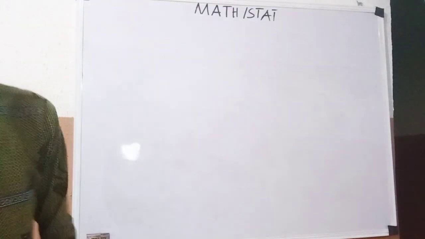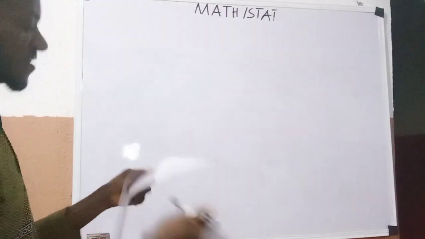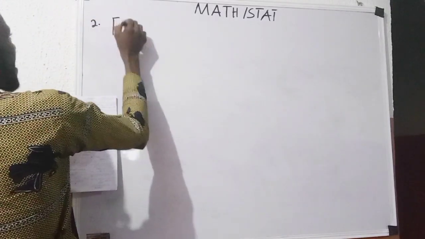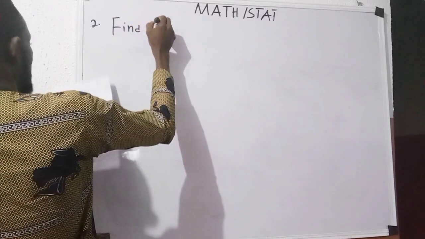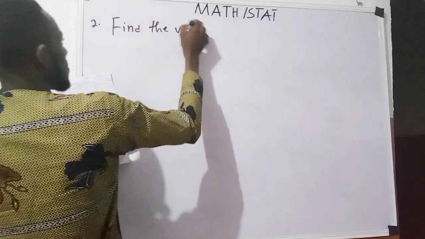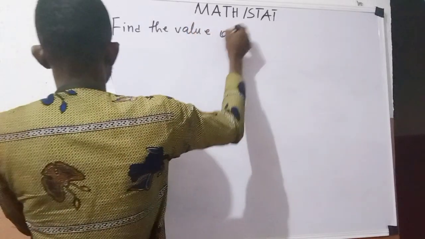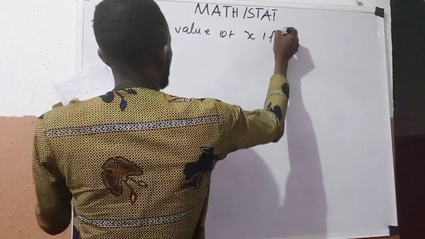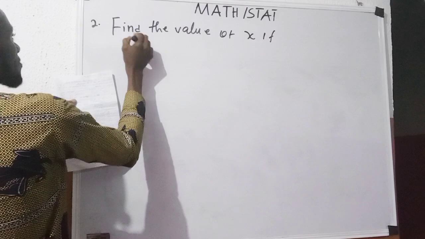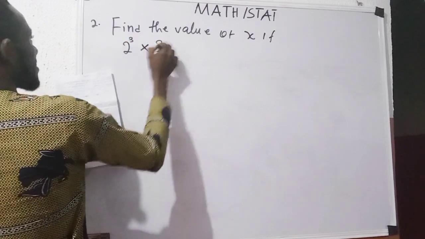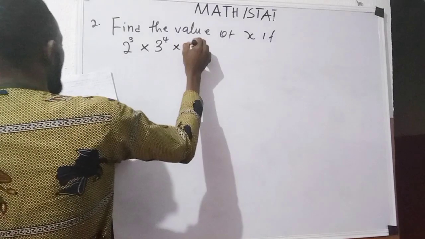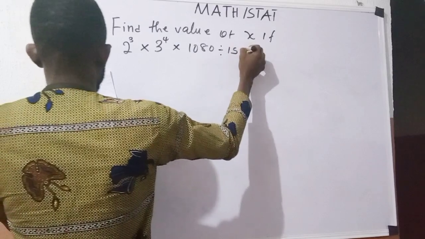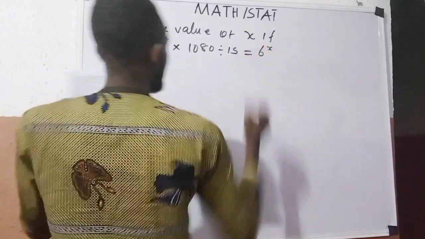That question which we want to solve with you says, and I write, number 2, find the value of x if 2 raised to power 3 multiplied by 3 raised to power 4 multiplied by 1008 divided by 15 is given as 6 raised to power x.